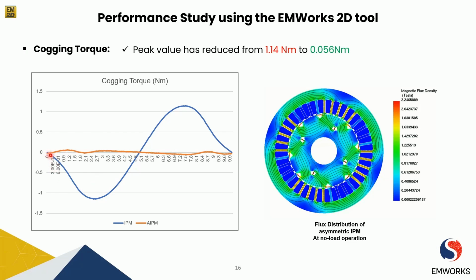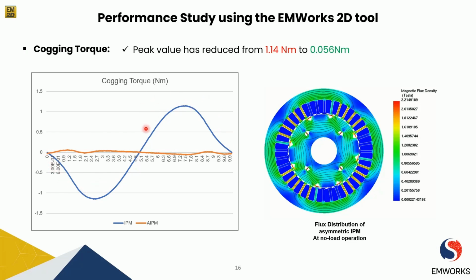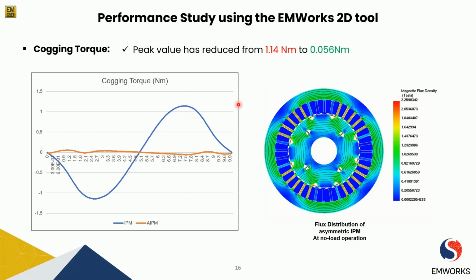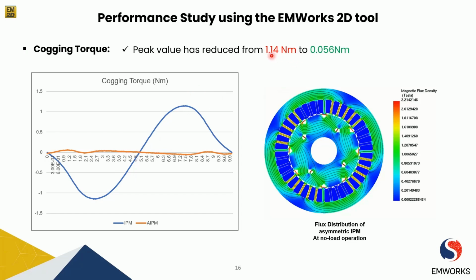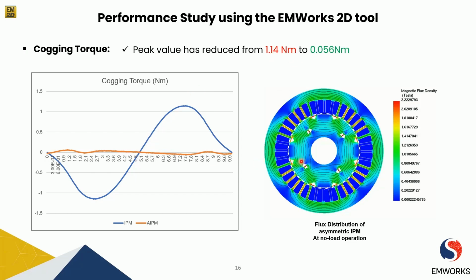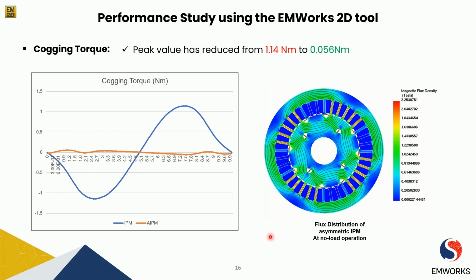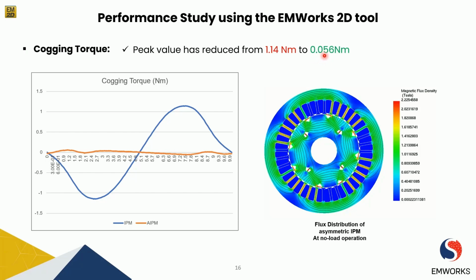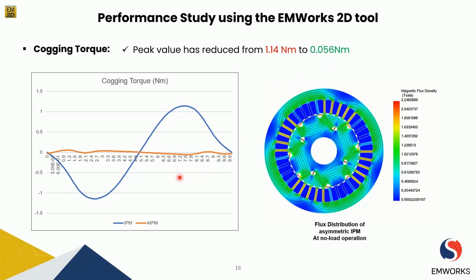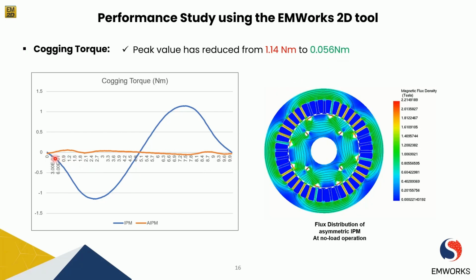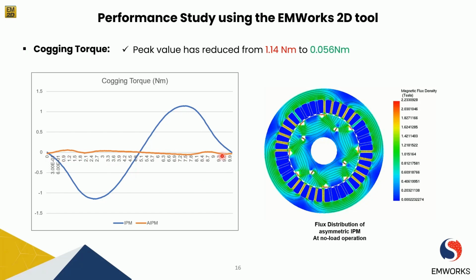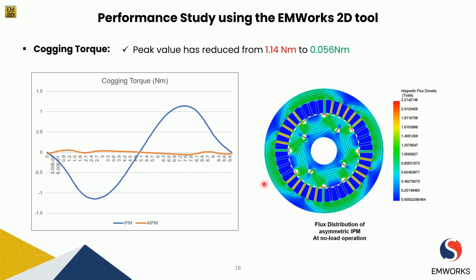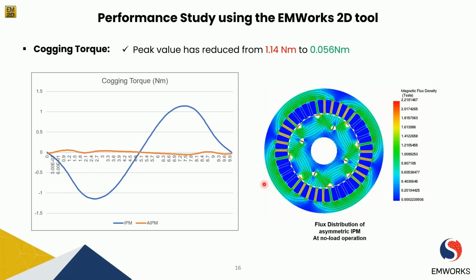As you can see, the blue one, which is the conventional IPM machine that we used in the first stage, has a peak value of 1.14 Newton meter. But by adopting the asymmetric design approach, we have reduced it to a very low value of 0.056 Newton meter, which means we have guaranteed very smooth operation compared to the initial design, and this is all because of adopting the asymmetric design approach.